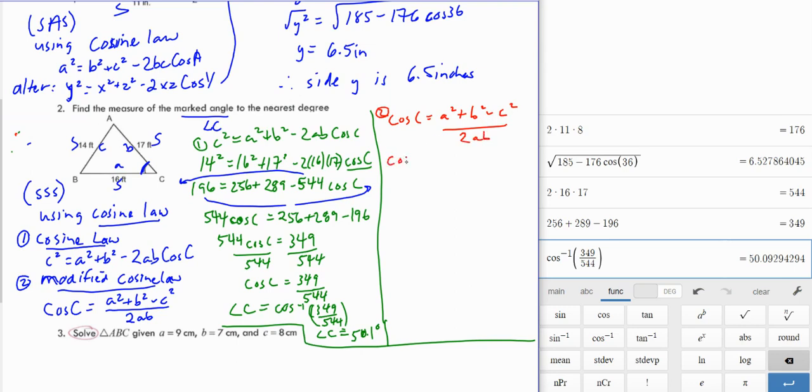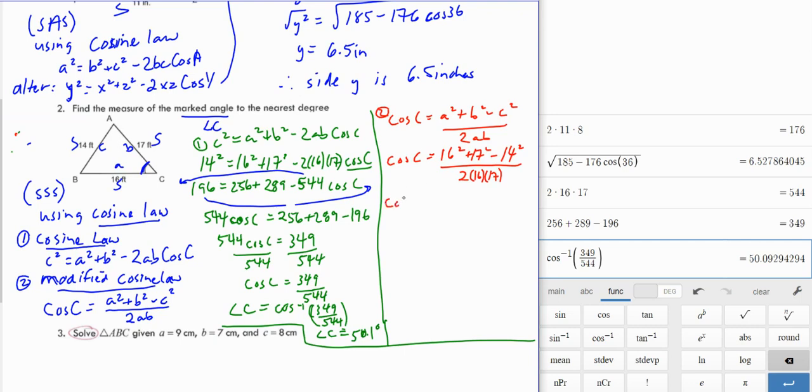So cos C equals, side A is 16, side B is 17, side C is 14. So this is 16 squared plus 17 squared minus 14 squared all over 2 times 16 and 17.